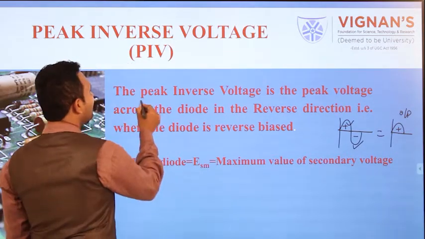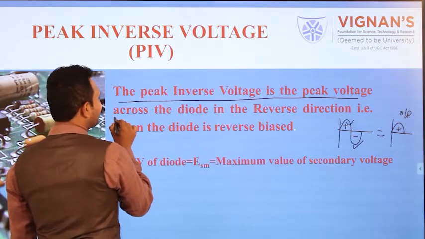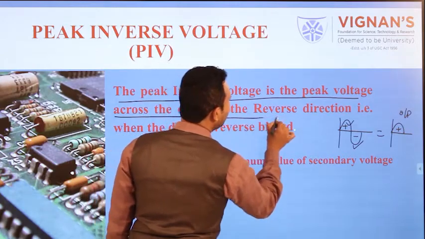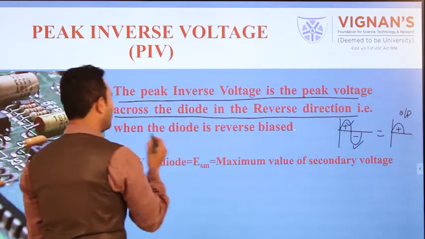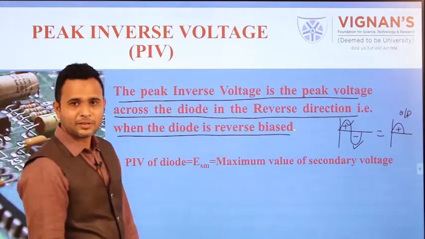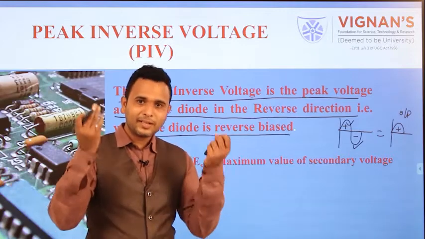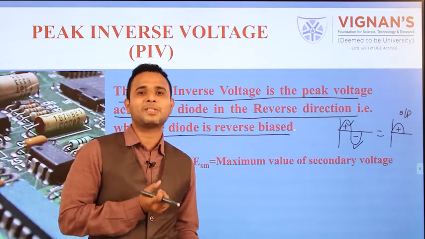So peak inverse voltage can be defined as the voltage across the diode in the reverse direction, when the diode is reverse biased. Maximum how much reverse peak will it withstand? Why?